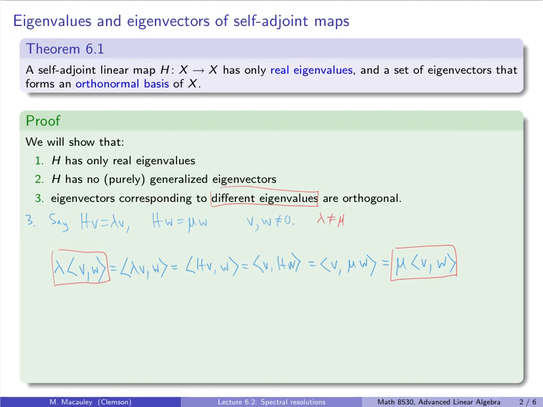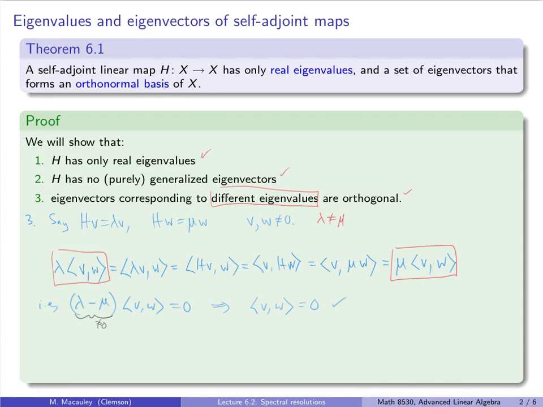Another way to see this is, in other words, lambda minus mu times v dot w equals 0, and we know that lambda minus mu is not equal to 0, so it must be true that v dot w is equal to 0. Okay, so that confirms part 3. Now we have done all 3 of these.